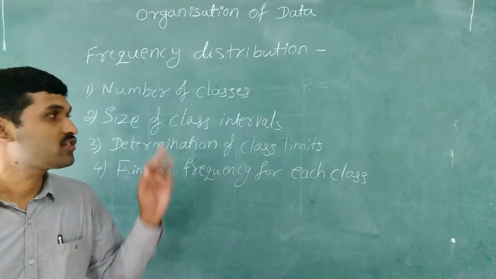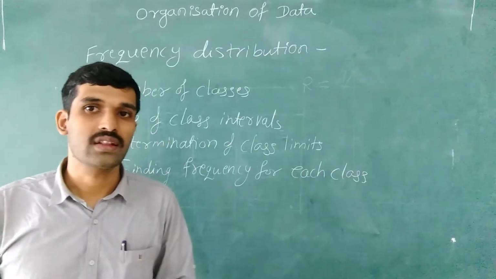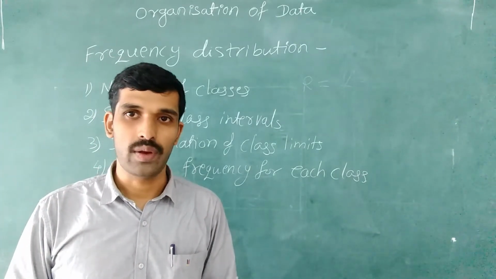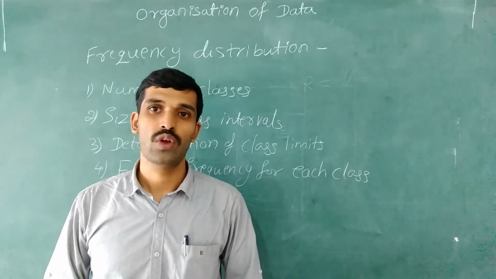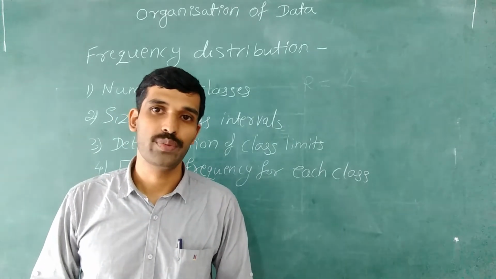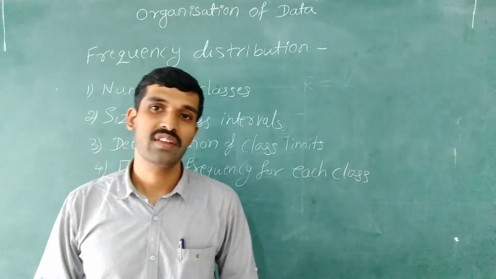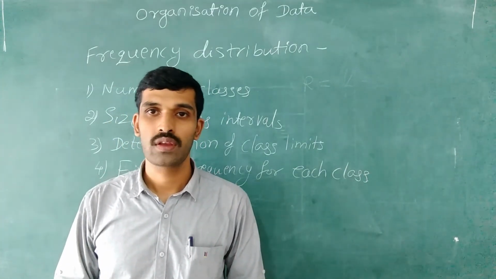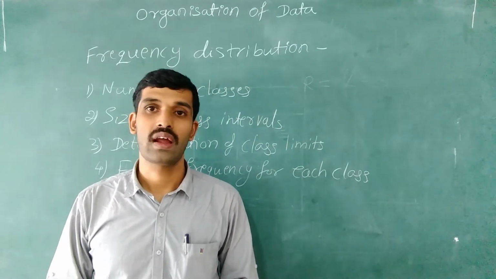What should be the size of each class? Size of class intervals. When the range of the variable is given, we can determine the number of classes once we decide the size of the class intervals. Similarly, we can determine the size of the class interval once we decide the number of classes.